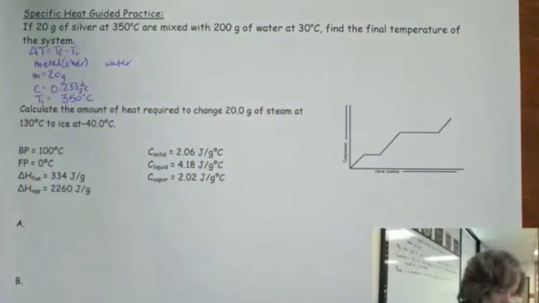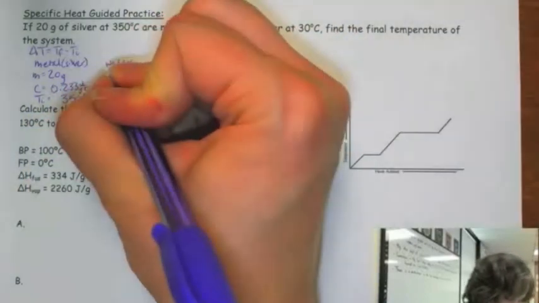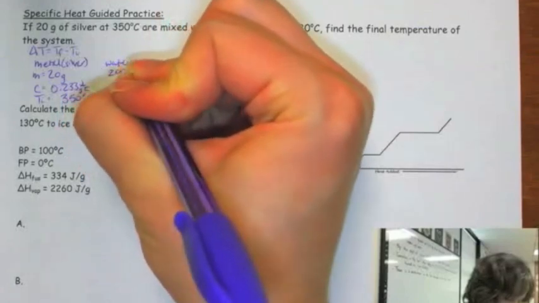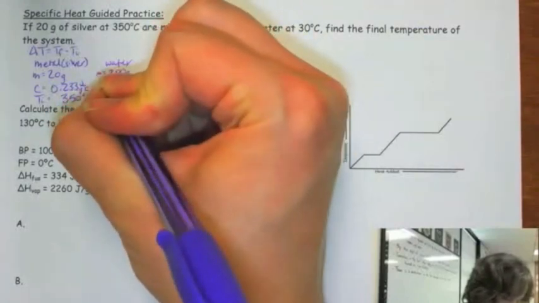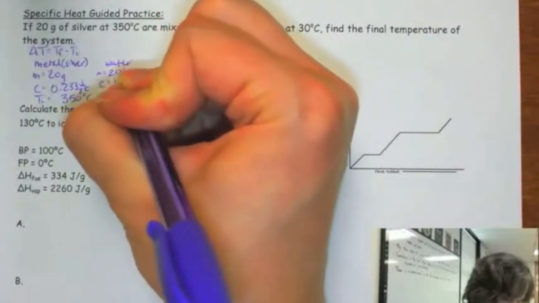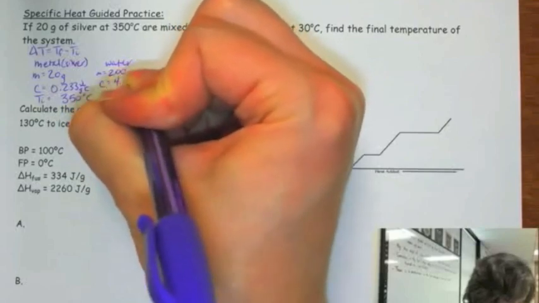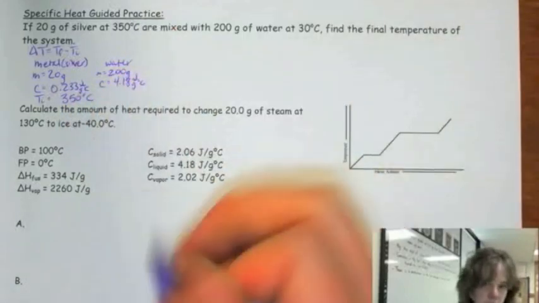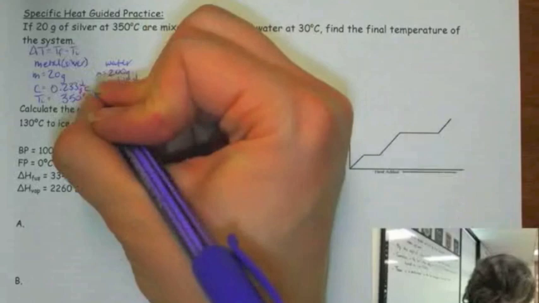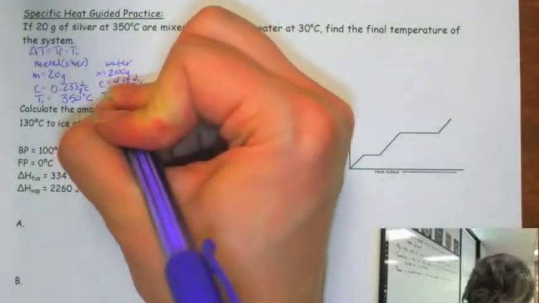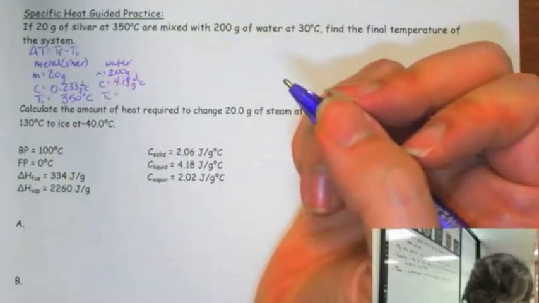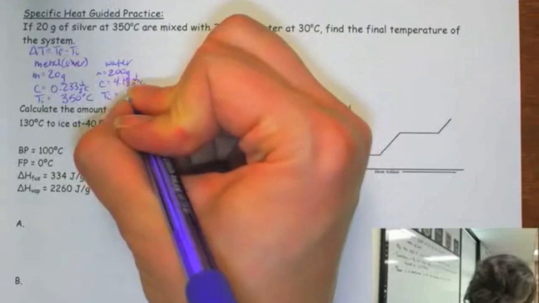For our water, we know we've got 200 grams of water. We know our specific heat for water is 4.18 joules per gram degree Celsius, because you've got that in your table down here. And we know our initial temperature for our water is going to be 30 degrees Celsius.